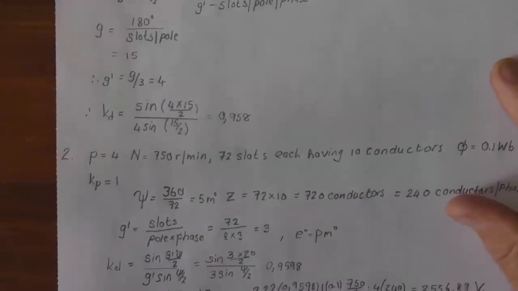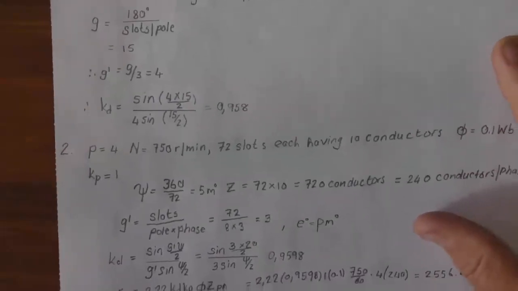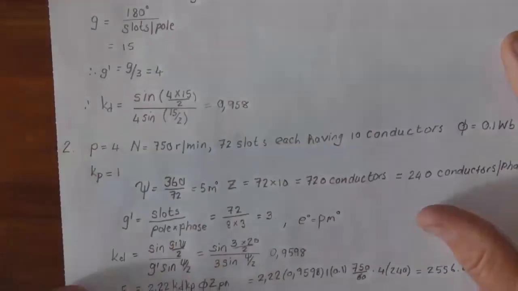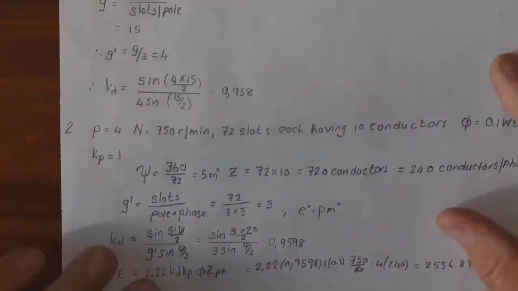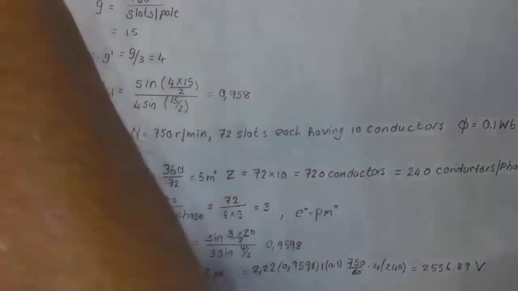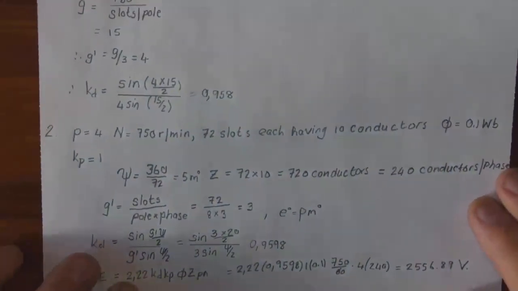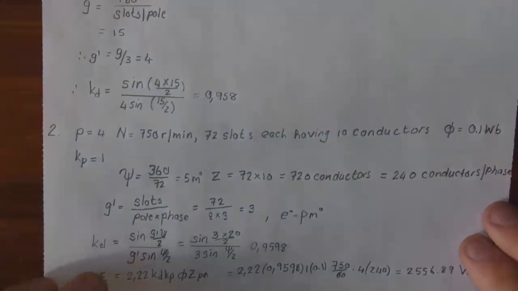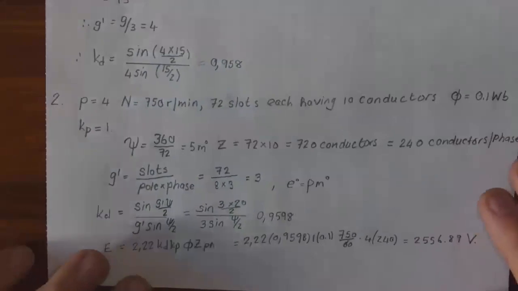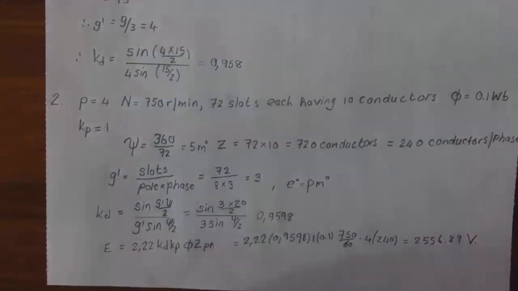Then number 2, we have P is equal to 4. N is 750 revs per minute. There's 72 slots, each having 10 conductors, and the flux is 0.1 Weber. And we have a full pitch coil. Now, in this case, we have 360 degrees divided by 72. That gives us 5 degrees mechanical.